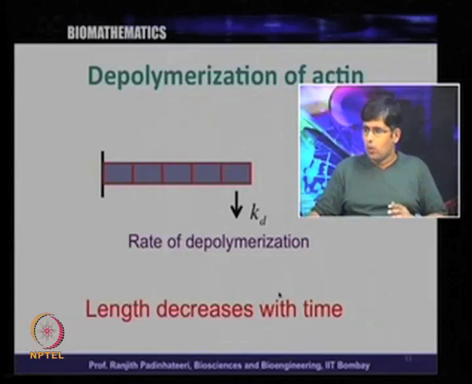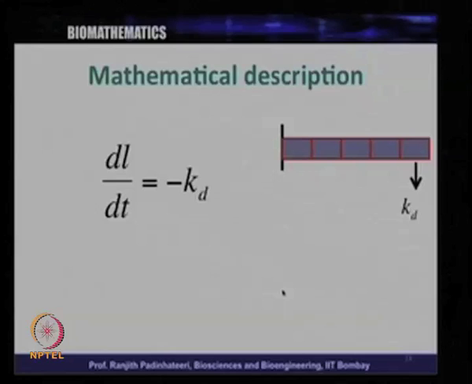So, let us see what we get. Have a look at this slide. We will write dl by dt. The left side only says that the length changes with time. dl by dt means the change in length dl with dt. When the time changes by an amount dt, the length changes by an amount dl, but this change is a decrease here.